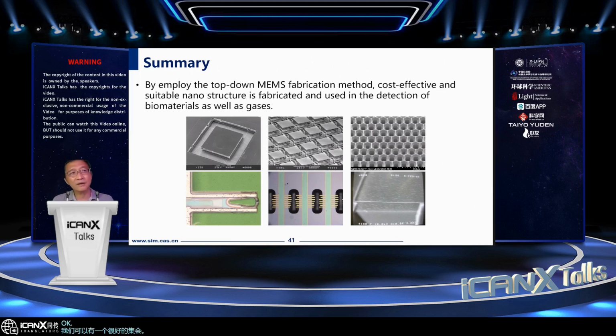And here we can have the summary. Okay, in the last decade, we have used the top-down MEMS fabrication method to fabricate the silicon nanowire. And also we use it to detect different kinds of biomaterials and chemical gases.